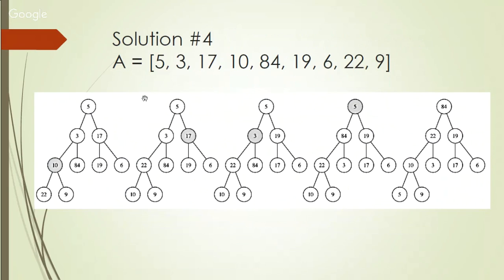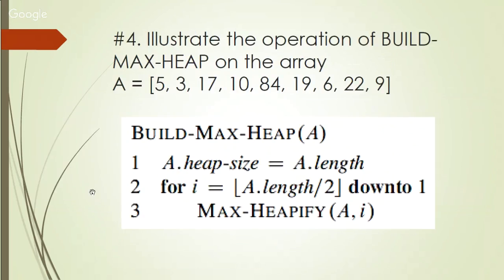These are the tree, the branches and the leaves. Therefore, you start plugging in the values: 5, 3, 17, 10, 84, 19, 6, 22, 9. As you have seen, the second step after getting the length of the array, the heap size, is that I will begin at length divided by 2. So 9 divided by 2, we get 4.5.